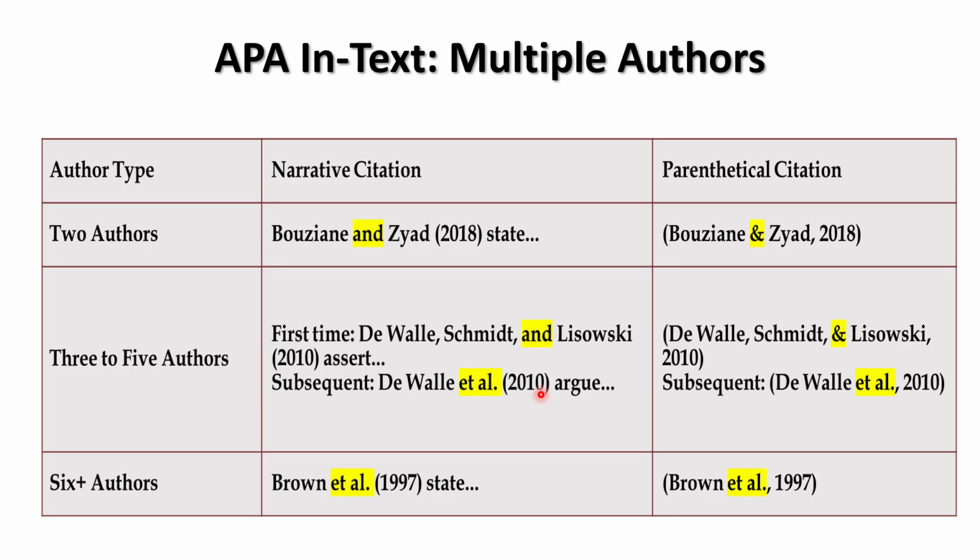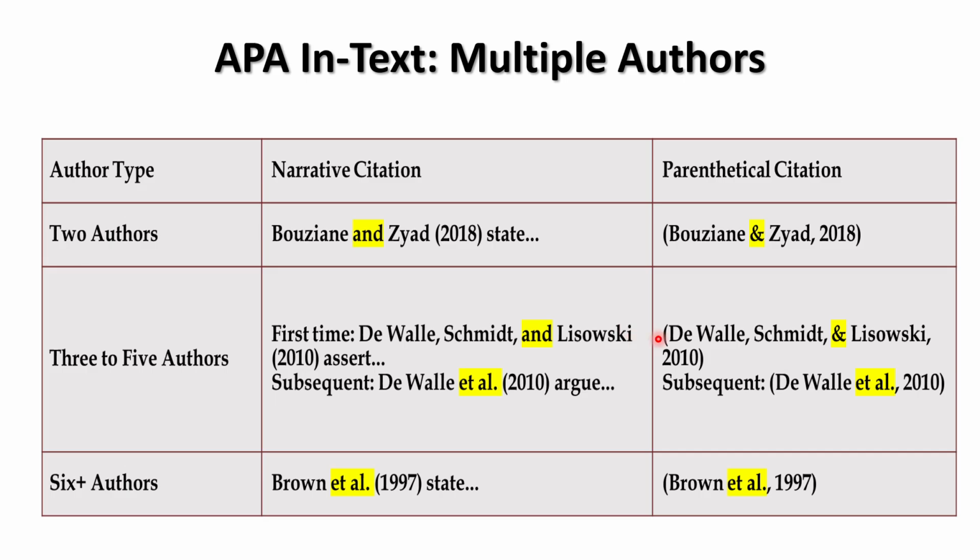So et al. means in Latin "and others." We write it et al., but we read it "et al." meaning "and others." This rule applies to both narrative and parenthetical citations after the first time of citing the names.